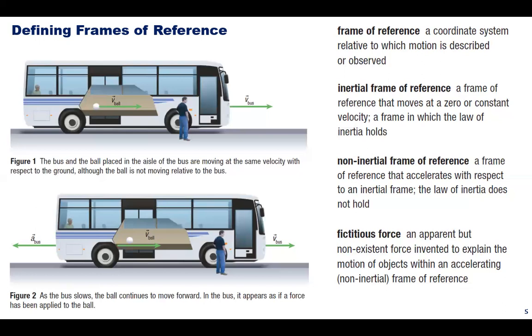In the bus example, a fictitious force pushed the ball in the direction opposite the acceleration of the bus. As you continue learning about mechanics, you will encounter other fictitious forces. Fictitious forces simply explain non-accelerated motion in accelerated frames of reference.